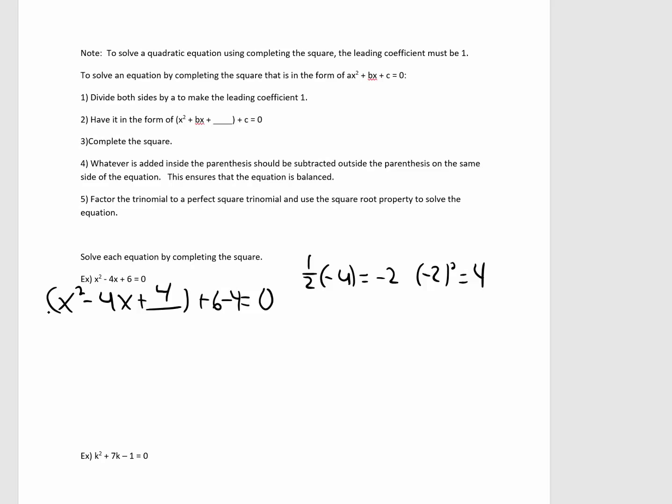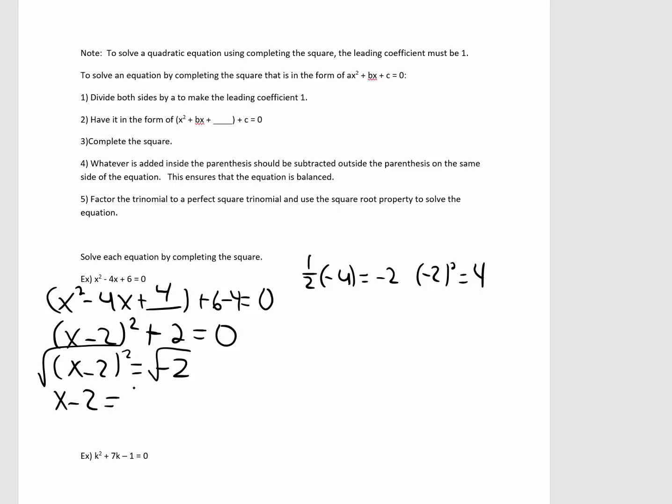Well, the trinomial factors as x minus 2 squared, and 6 minus 4 is 2. Subtract the 2. And now take the square root of both sides. Remember, that's plus or minus.